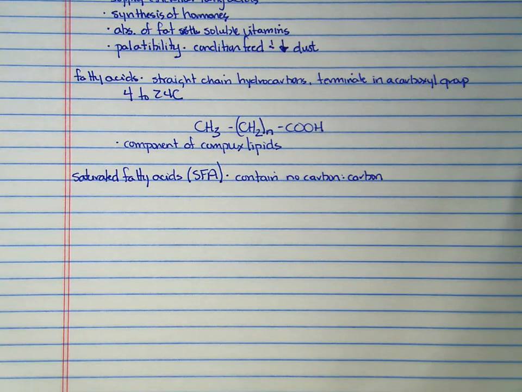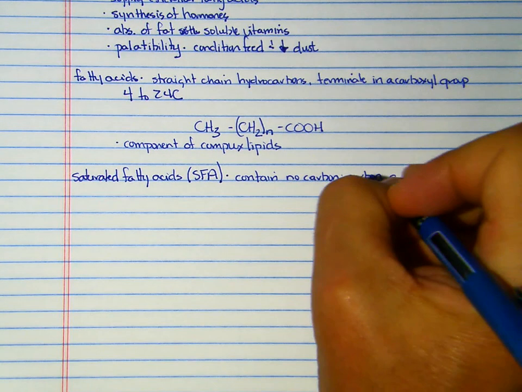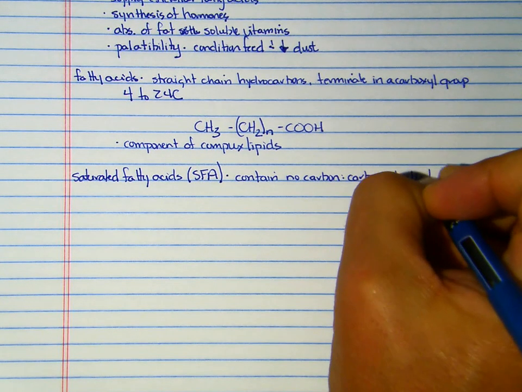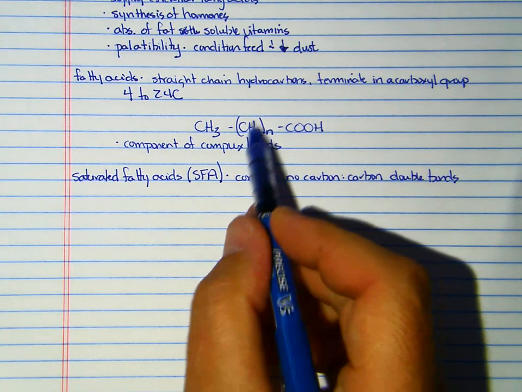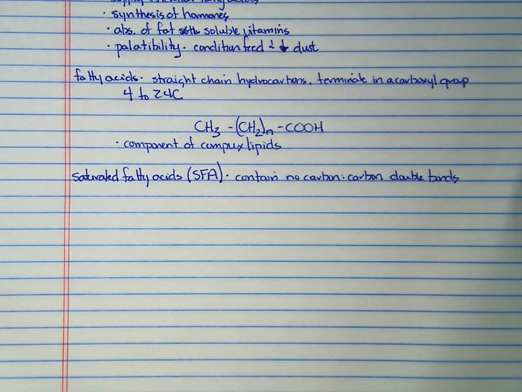So saturated fatty acids contain no carbon-carbon double bonds. They're completely saturated in that they have as many hydrogens in there as they possibly can have. So write that in red.